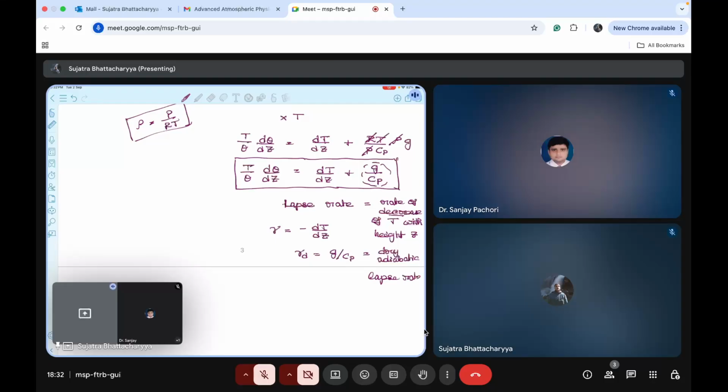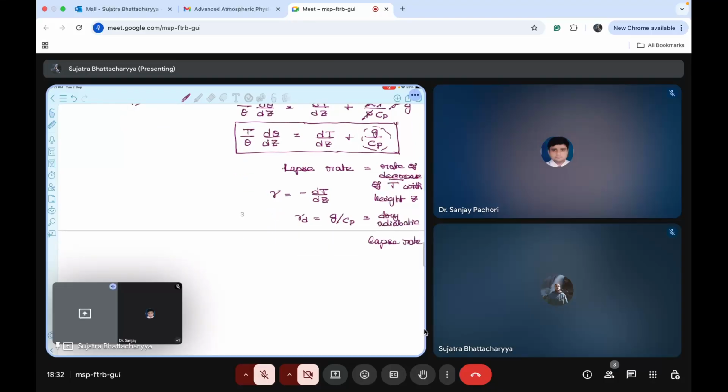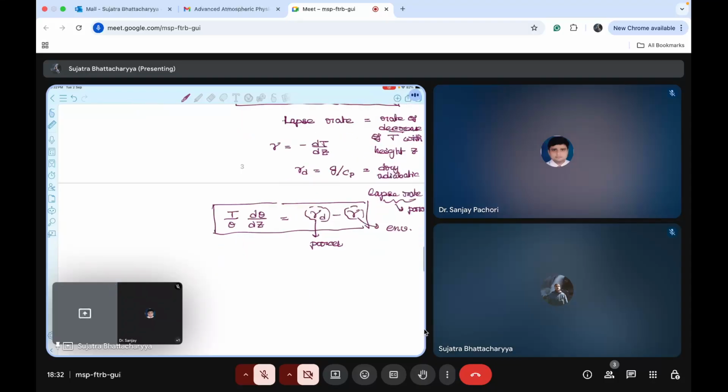So your T by theta d theta dz can be further written as gamma d minus gamma. Remember, this dry adiabatic lapse rate is only for the parcel. So it can be considered as the lapse rate of the parcel, and this is the lapse rate of the environment. Fine? Because it is in general dT dz.